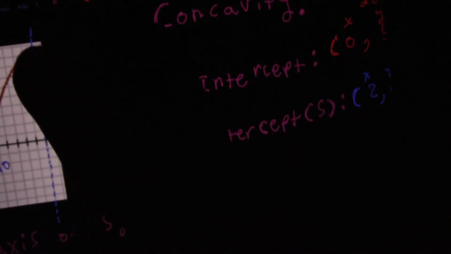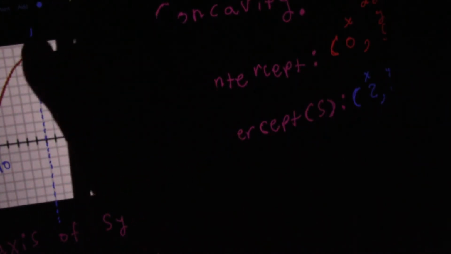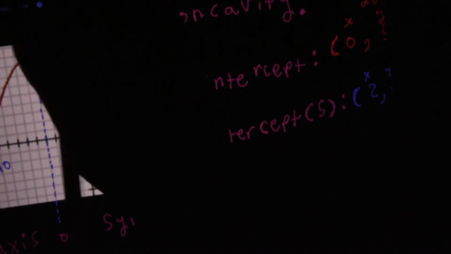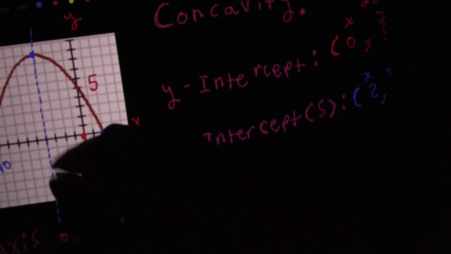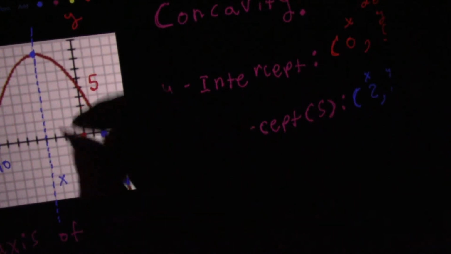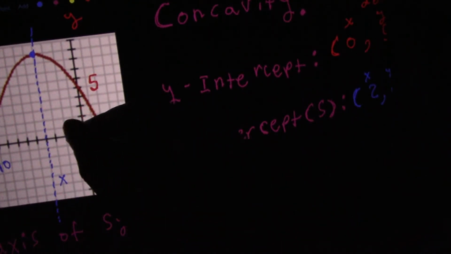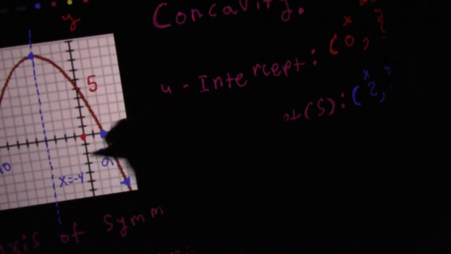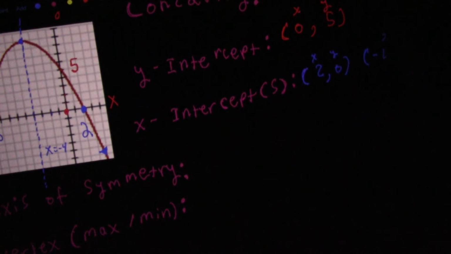Let me draw this axis of symmetry. When you identify the minimum or the maximum, you just make a vertical line, and that's going to give you the axis of symmetry. Then we just count -1, -2, -3, -4. X equals -4 is our axis of symmetry.